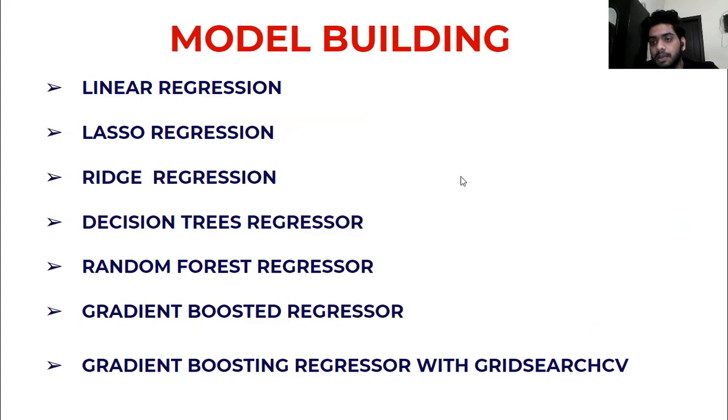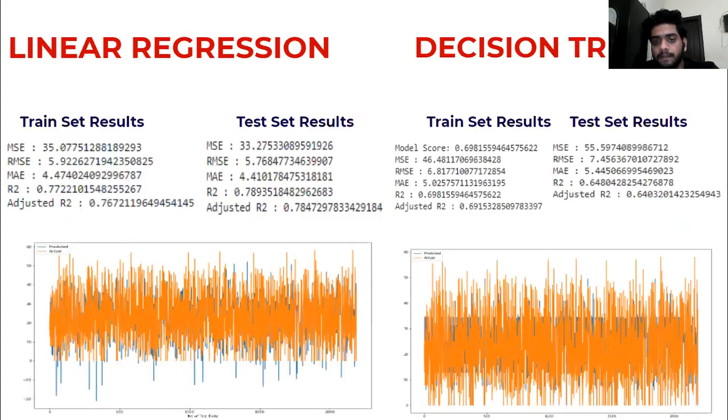To do hyperparameter tuning, we use GridSearchCV in the gradient boosting regressor. After performing all these models, in linear regression we can see that in the train set results the R square is 0.77 and the MSE is 35.